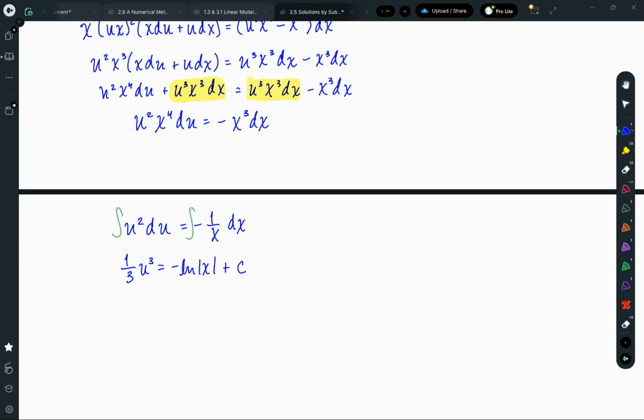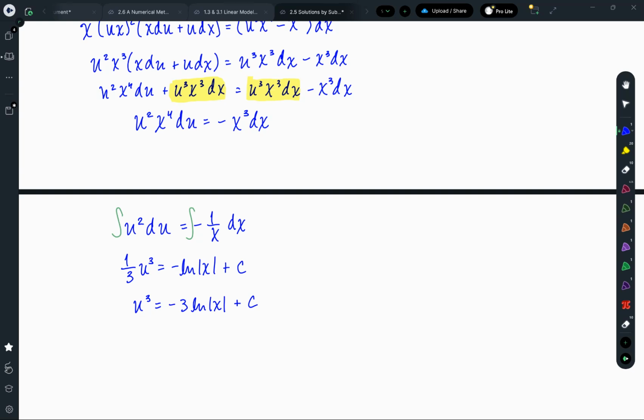Next step, I multiply everything by a 3, and u cubed is equal to negative 3 ln of the absolute value of x plus c. And I leave it as c because 3 times c is still just c. Okay, so I don't have to worry about that one.